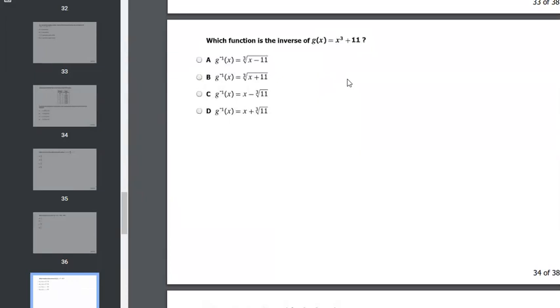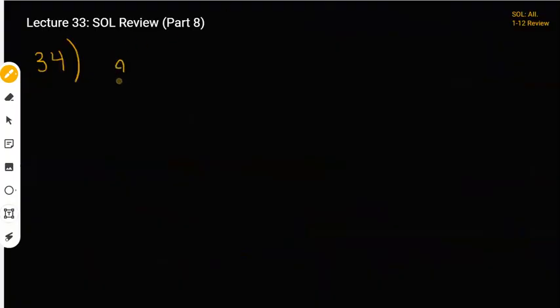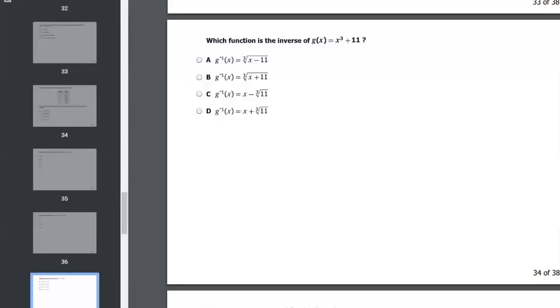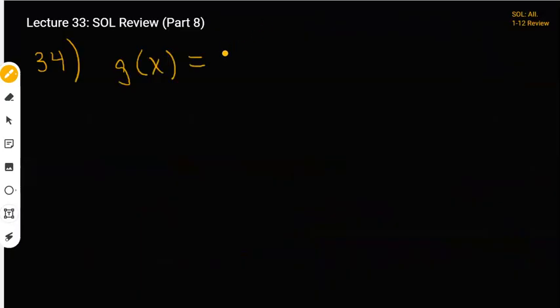Okay, so only write the function for this one. This one asks which function is the inverse of g of x. And it tells me g of x is x cubed plus 11. But we need to find the inverse, which is g -1 of x.